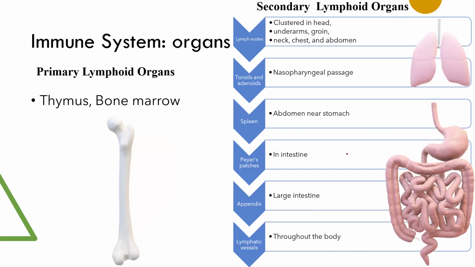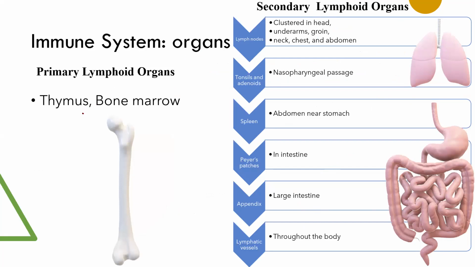So we were talking about the lymphoid organs. Lymph nodes are not the only organs. There are other organs also. Depending upon what role they are playing in maturation of lymphocytes, they have been called primary lymphoid organs and secondary lymphoid organs.